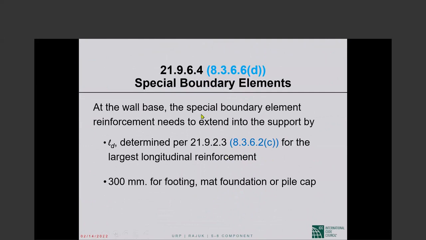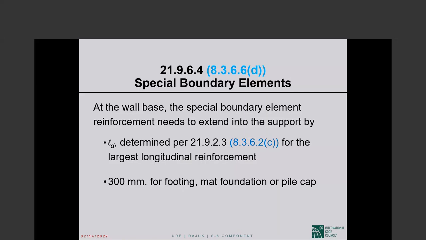So here it talks about, no, I told you wrong. The special confinement shall extend above the base by either the length of the shear wall or 1/4 of the moment to shear ratio at the base.